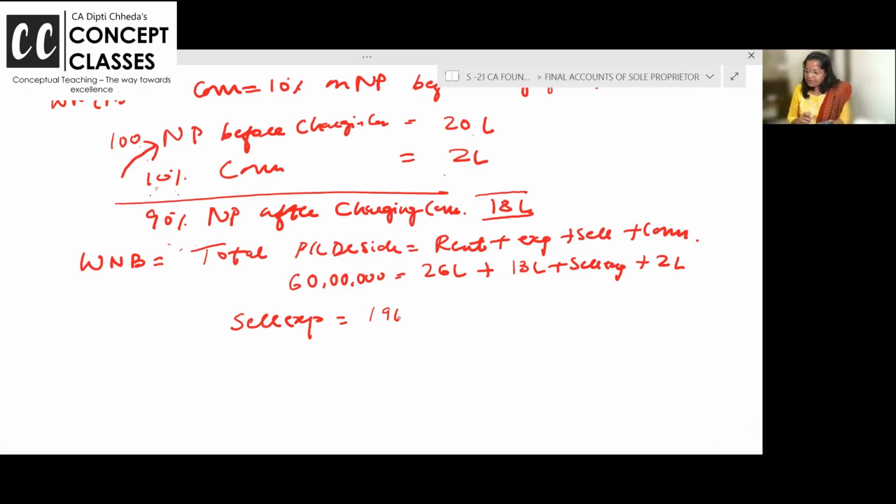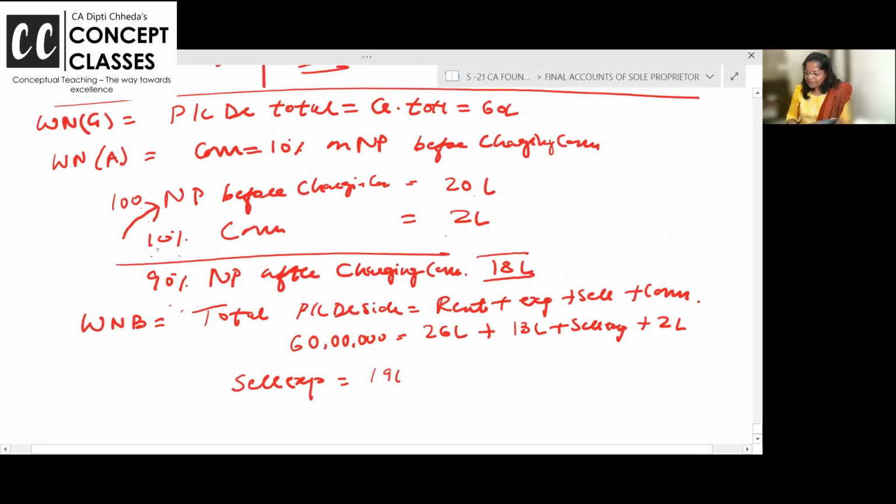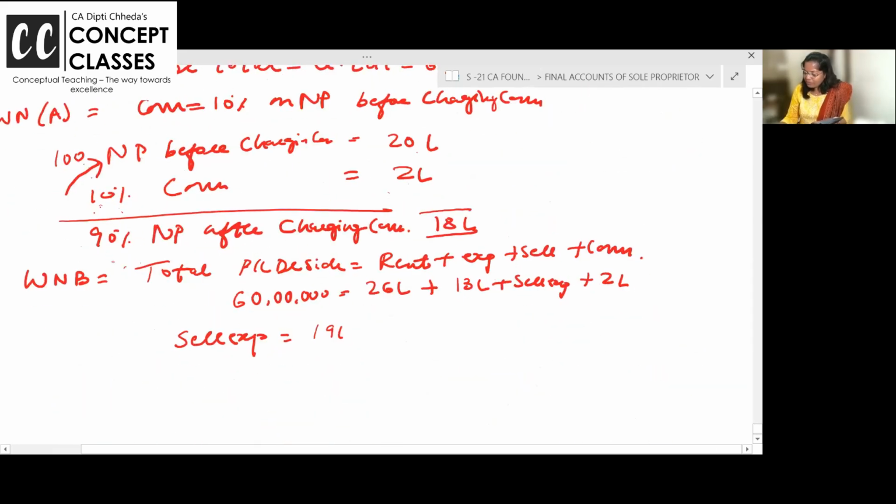Is the answer coming correct or not? Rent is 26 lakhs. Expenses are 13 lakhs. Commission is 2 lakhs. Sorry, we are taking the debit side of the P&L, so net profit also has to be added. Net profit 18 lakhs. Minus 60 lakhs, so selling expenses is 1 lakh. Take your time and ask if you have any doubt.